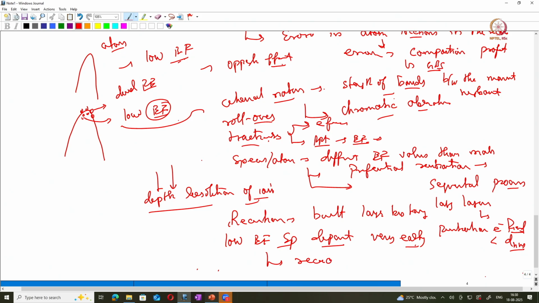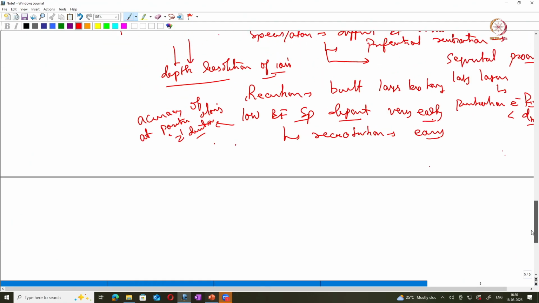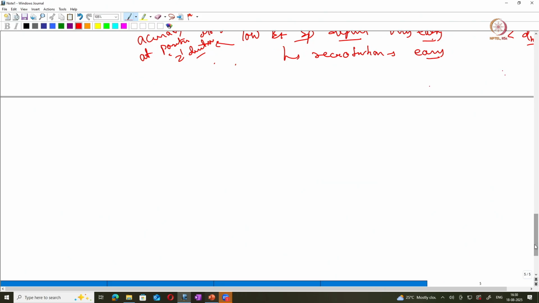So in the reconstruction, this will be reconstructed early. Okay, so it will directly impact the accuracy of the atomic position along the z direction. The z direction means the depth direction. Fine. So this is how this particular aberration, chromatic aberration or trajectory aberrations, will affect the depth resolution and the z coordinate.